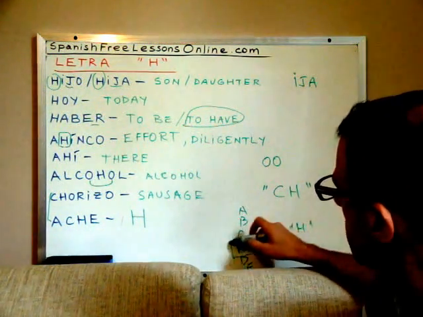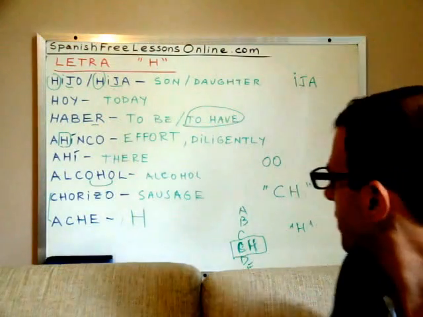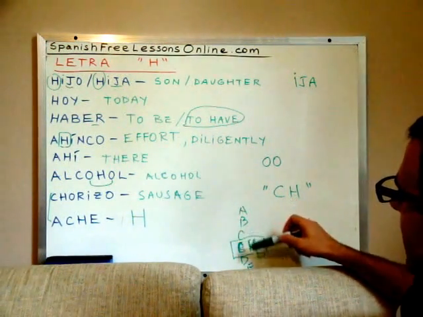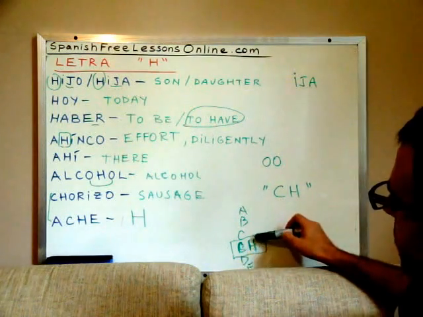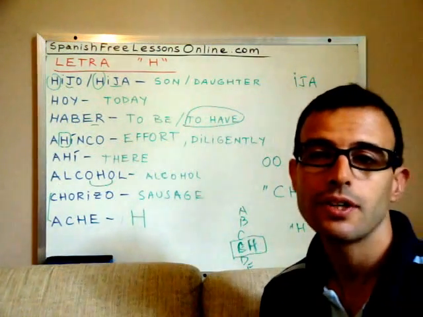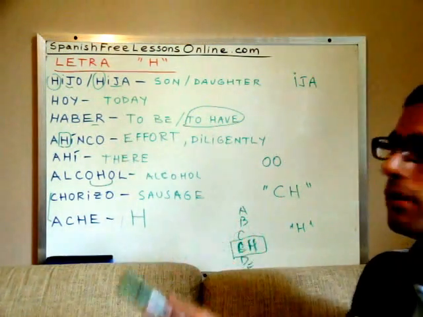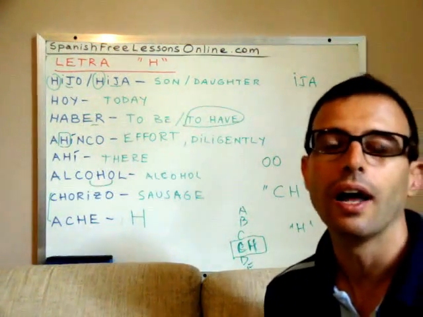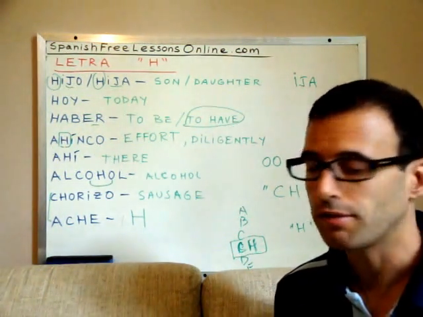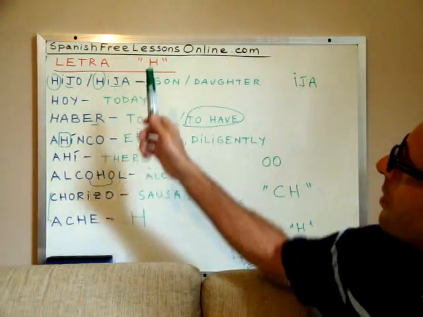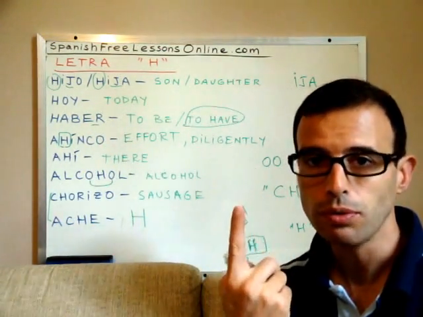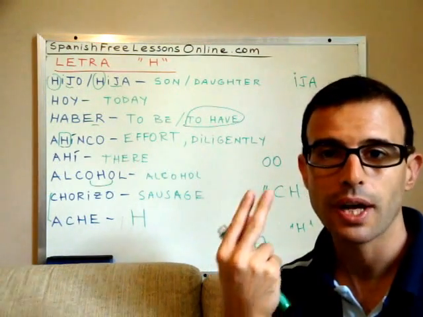So unless it has been added once again, now the alphabet would be A, B, C, D, E, right, without the CH. But I just wanted to tell you this curious thing, that before this used to be a letter of the Spanish alphabet, okay? So H, two pronunciations, mute and ch, okay?